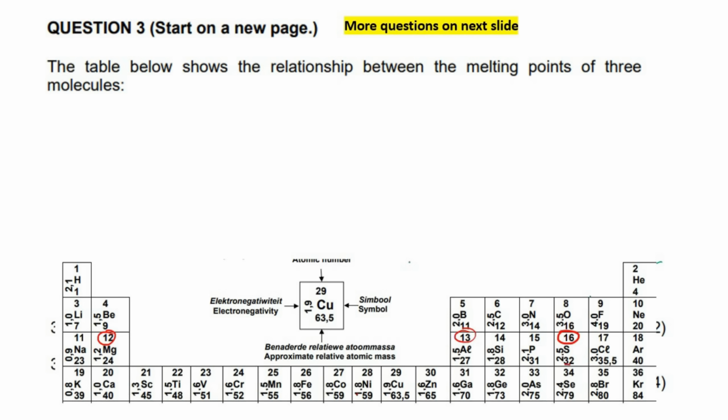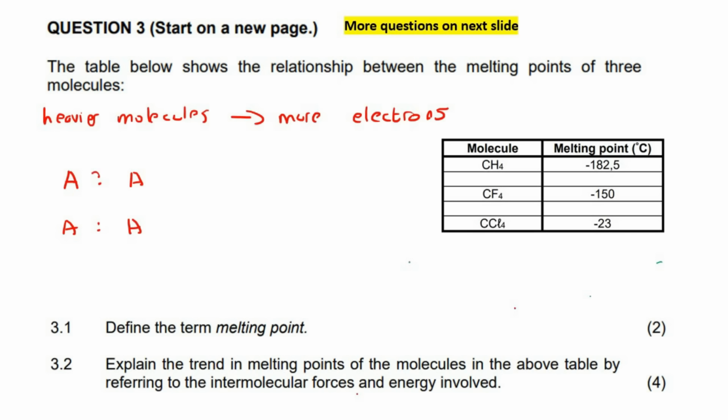Okay. Now, what I showed you with the London forces, we said that it's because these electrons are temporarily moving a little bit to that side and a little bit to that side. Now, when you have heavier molecules, you have more electrons. When you have more electrons, you increase the chance that this type of thing can happen. Because it's not only the electrons in the middle that are doing this.